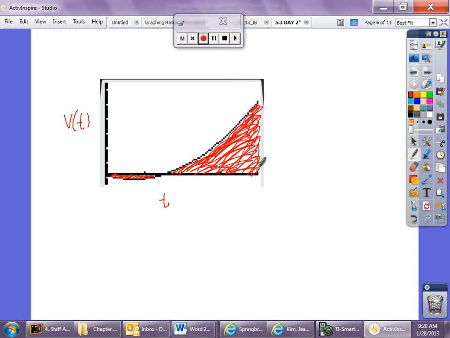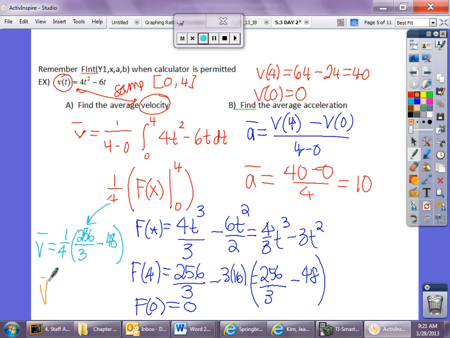So there's my net signed area. What the average value does is it says there must be a y value, and so if I did things right, this should be 28 over 3, which is about 9.33333. All right, so there's my average velocity.